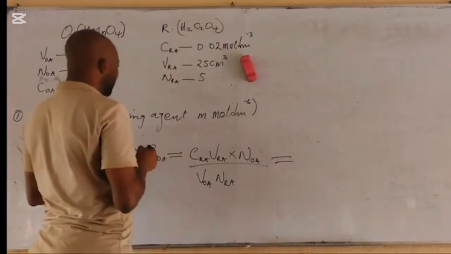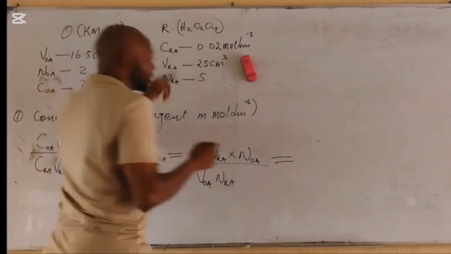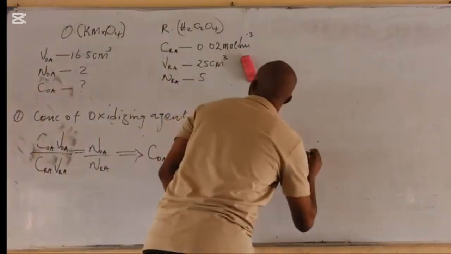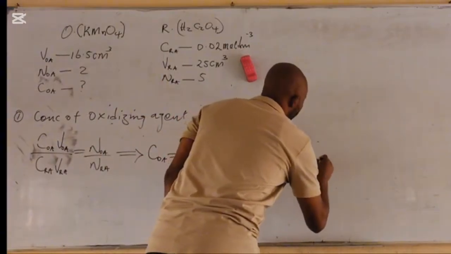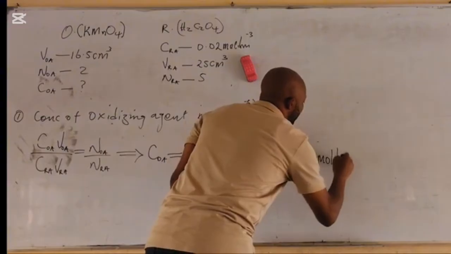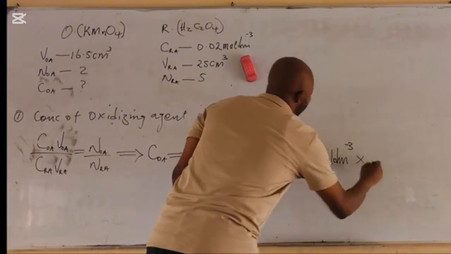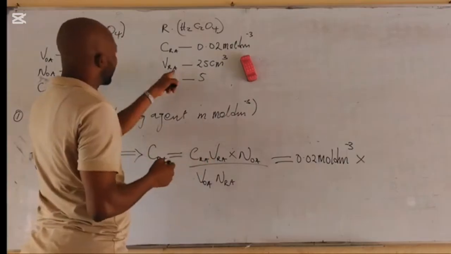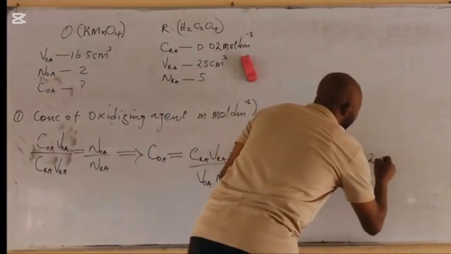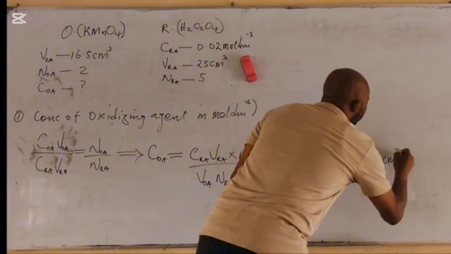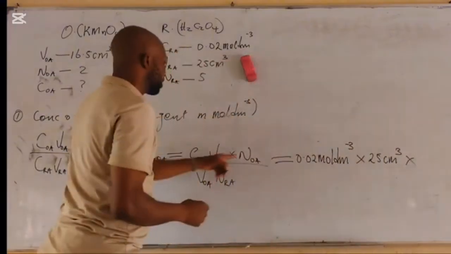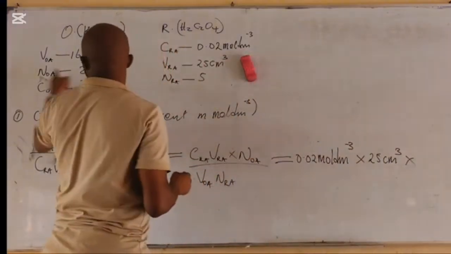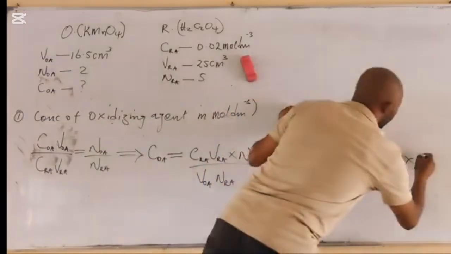This is it. So now let's apply and see what we get. Now the concentration of the reducing agent is given to be 0.02 mole per dm³ times volume of reducing agent VRA is 25 cm³ times number of moles of oxidizing agent NOA is 2.